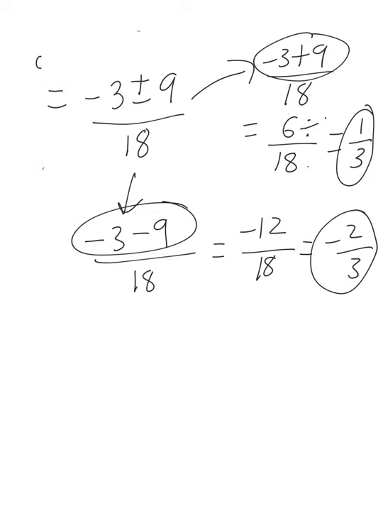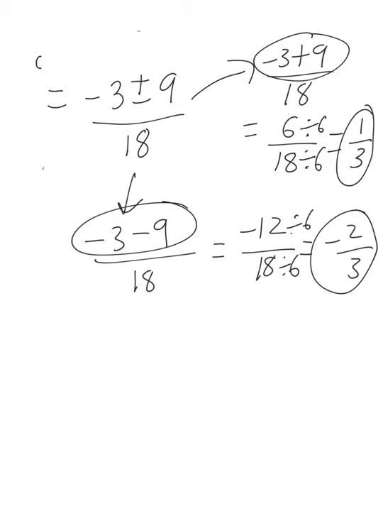Well, that would be 6. So I divide the top and bottom by the biggest number that divides into both, which happens to be 6. For the negative 12/18, 6 was also the biggest number that divides into both. When I did negative 12 divided by 6, I got negative 2. When I did 18 divided by 6, I got 3.